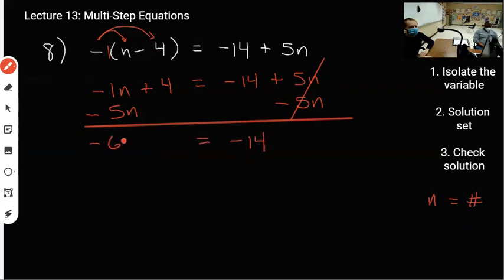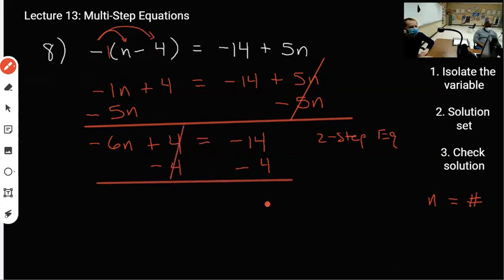And I'm left with negative 6n plus 4 on this side. Now I have a two-step equation. I can subtract 4 to get rid of this plus 4. They cancel out. And I'm left with negative 18 on that side.